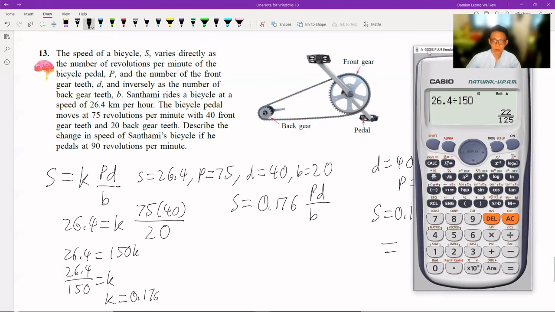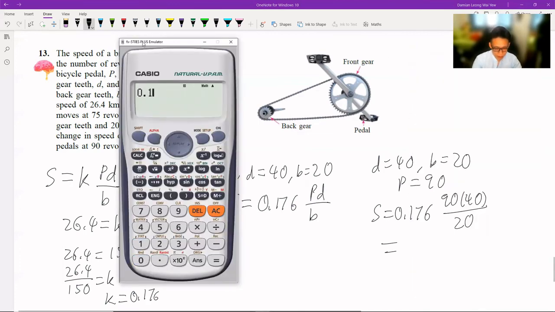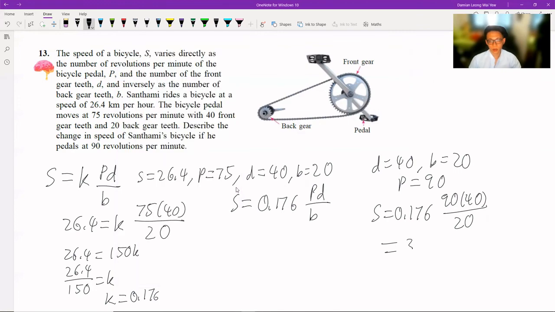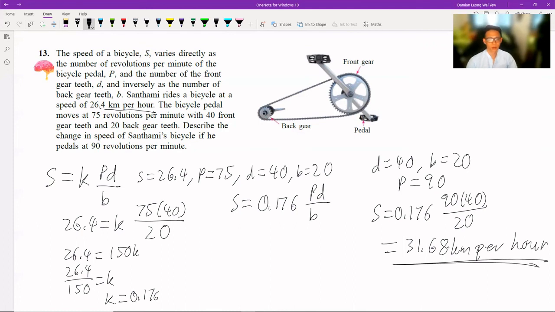So I just calculate 0.176 times 90 times 40 over 20. So it's 31.68. Follow back the unit here, km per hour. That is question 13.